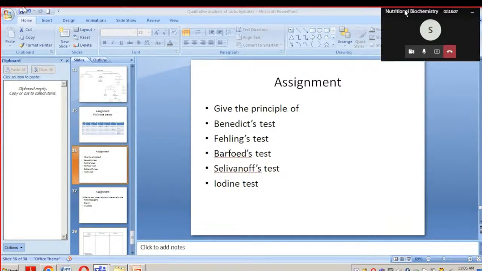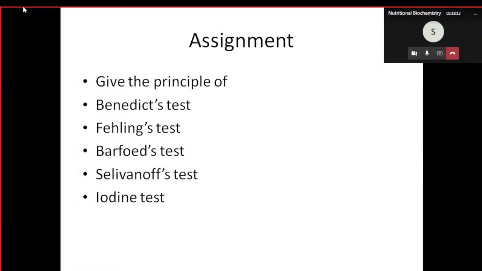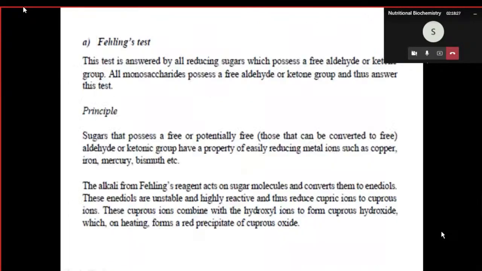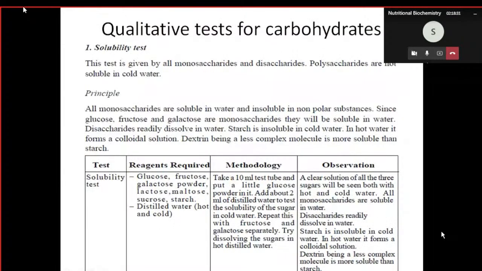If you are finished with that assignment, the next assignment is you have to briefly give the principle for Benedict's test, Fehling's test, Barfoed's test, Seliwanoff's test and iodine test. You can just see the PPT. The principle I've written there, I've explained also.